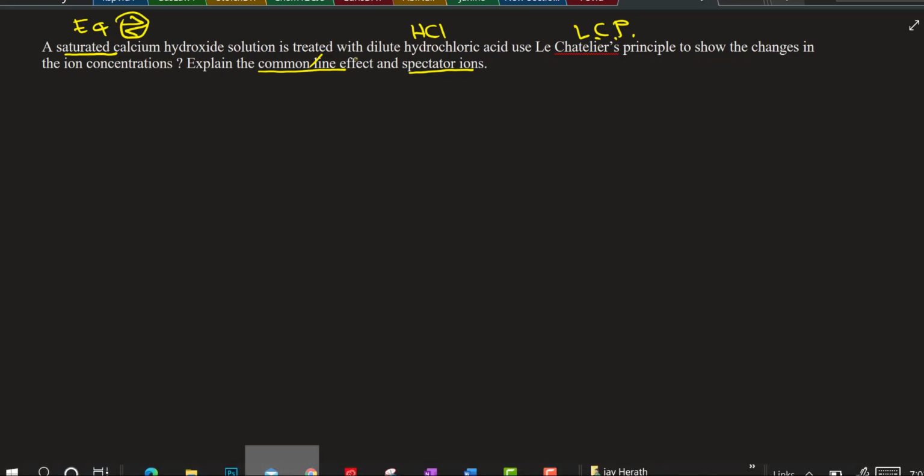So let's see how to use the given example of calcium hydroxide and HCl to explain the terminology, basically.